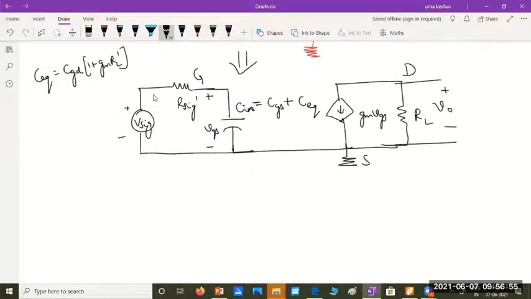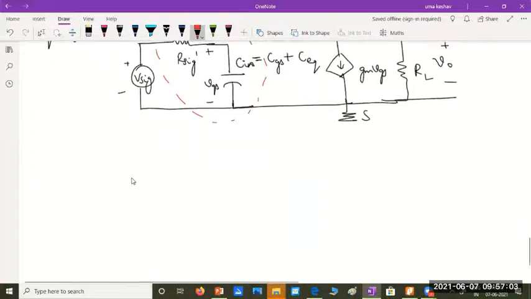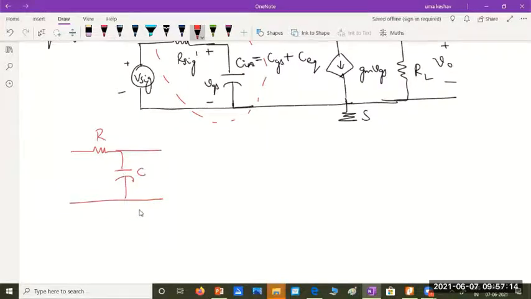And if you look at this circuit, this is called what type of filter? Do you remember studying this? An RC circuit like this. What do we call this? This is called a low pass filter.